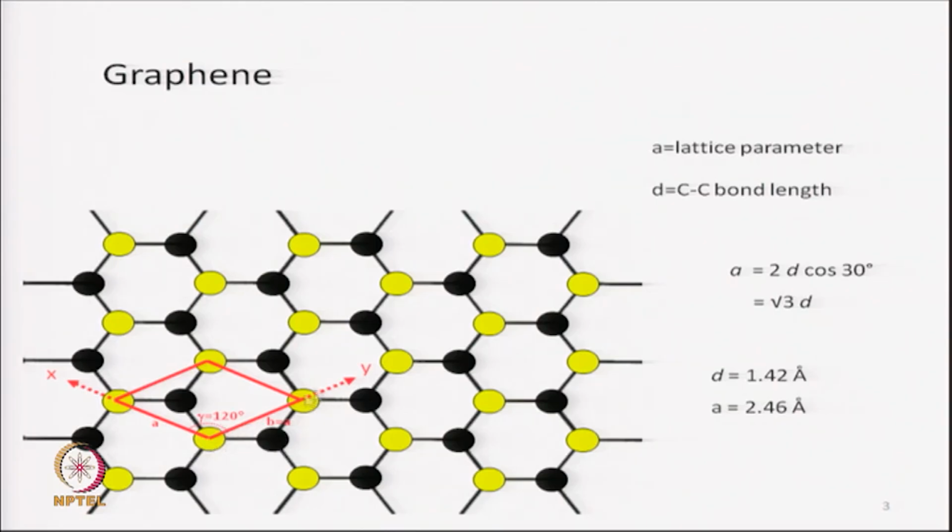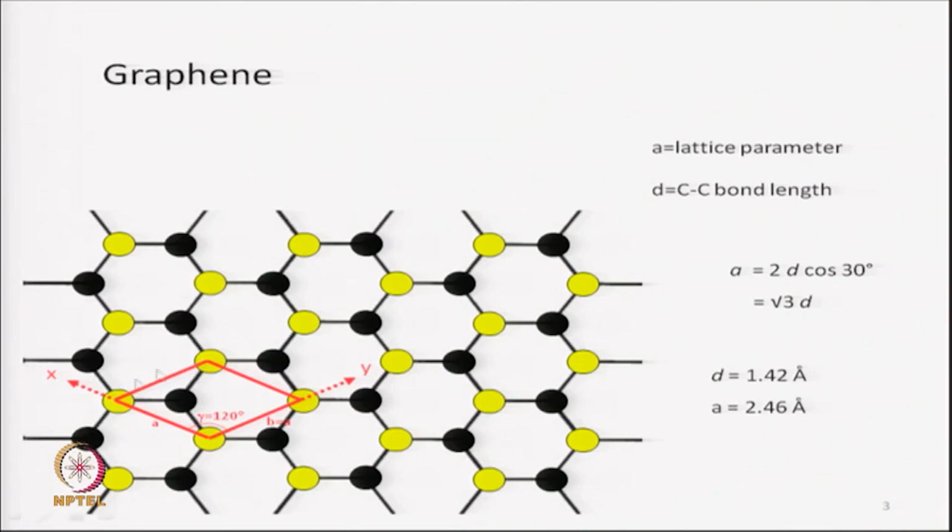You can see this is longer, and you can easily solve this triangle to get this relationship. In the actual graphite or graphene, the carbon bond length is approximately 1.42 angstrom, which makes the lattice parameter 2.46 angstroms. So, this is graphene, and we looked at it in a little bit of detail last time.